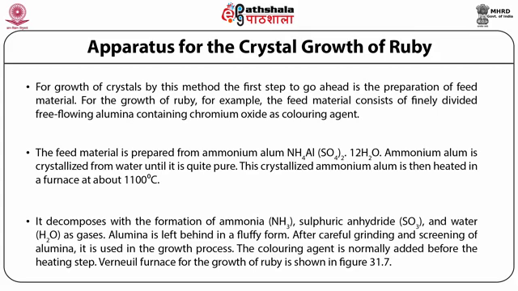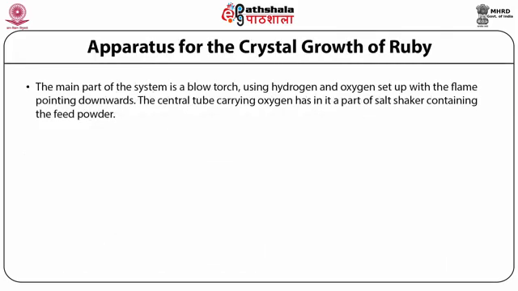A Verneuil furnace for the growth of ruby is shown in figure 31.7. The main part of the system is a blowtorch using a hydrogen and oxygen setup with the flame pointing downwards.